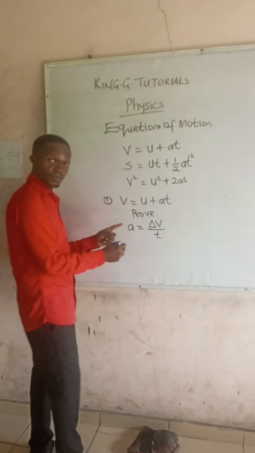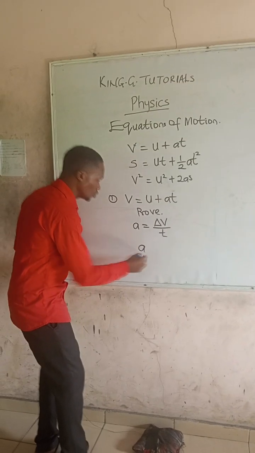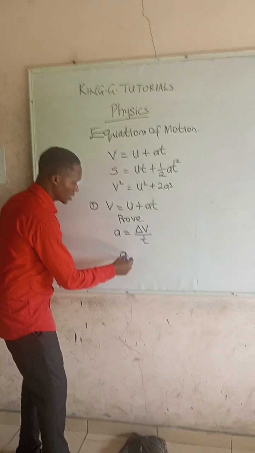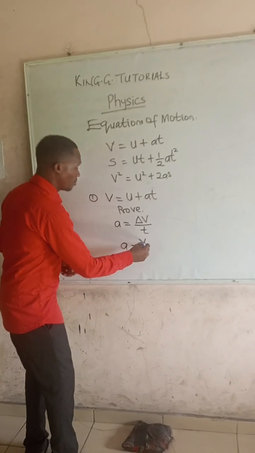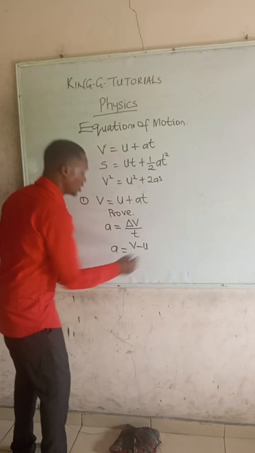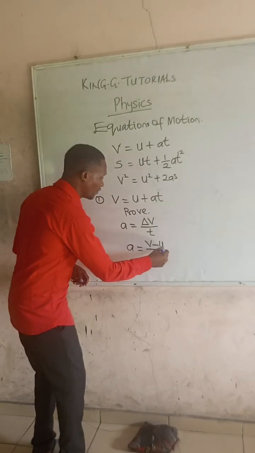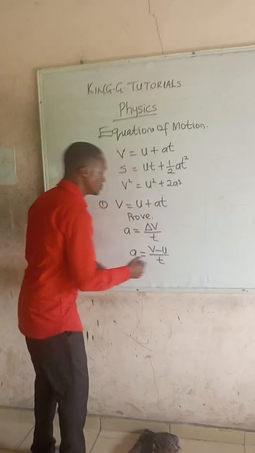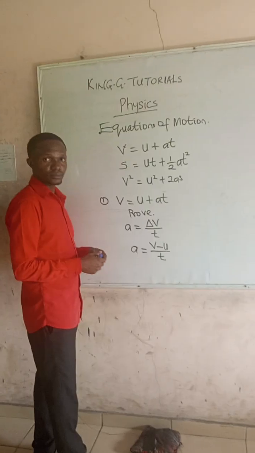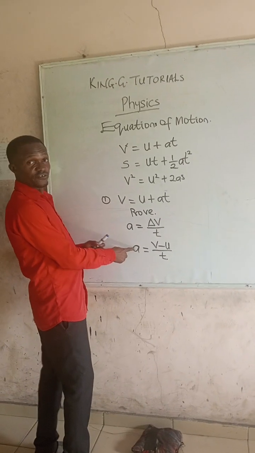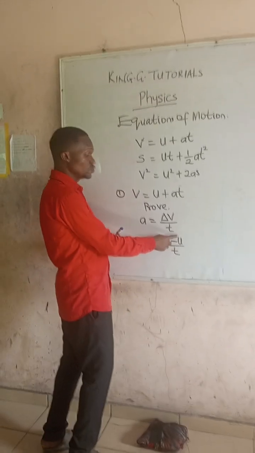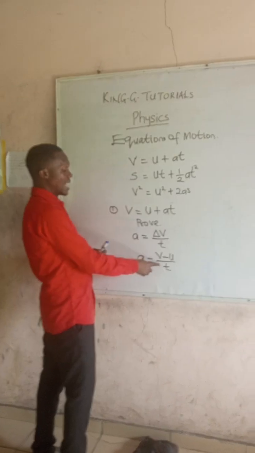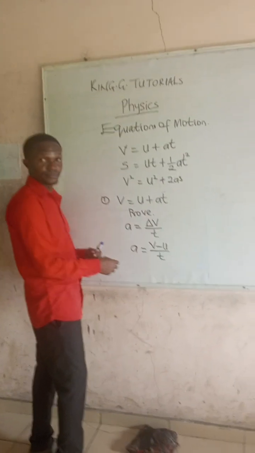So I will write this formula as A equal to final velocity V minus initial velocity U, all over T, being the time. So we have A for acceleration, V for final velocity, U for initial velocity, and T for time.